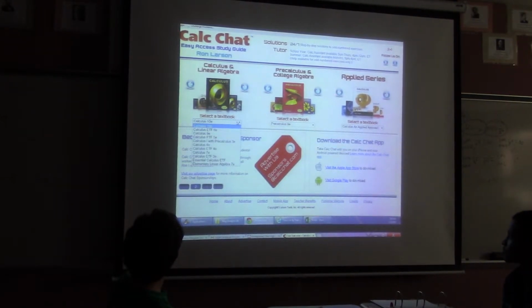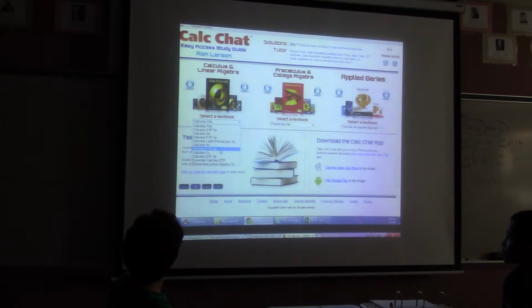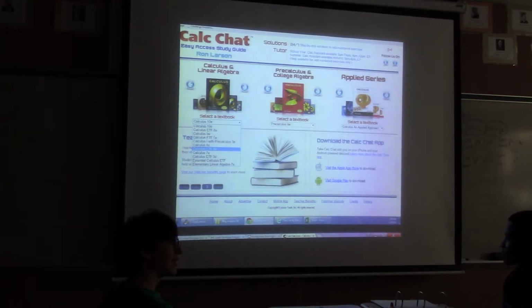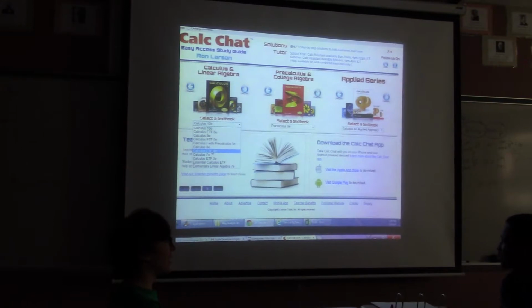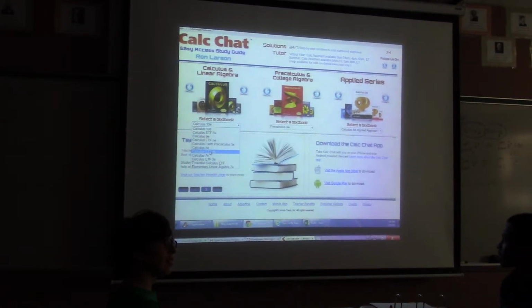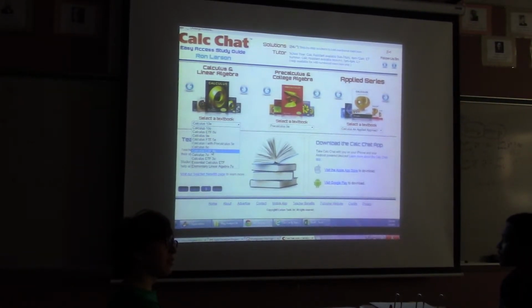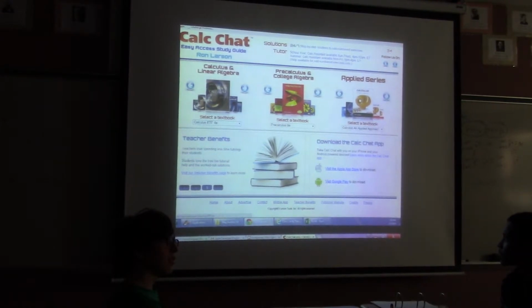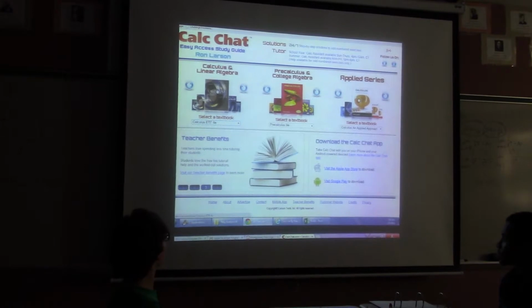Our textbook is this one. It's called Calculus, as 70% of calculus textbooks are called. But this one is the 4th edition ETF, which stands for Early Transcendental Functions, which means that we talk about sine and cosine at the beginning as opposed to at the end. And then when you see the correct cover, click on the book.